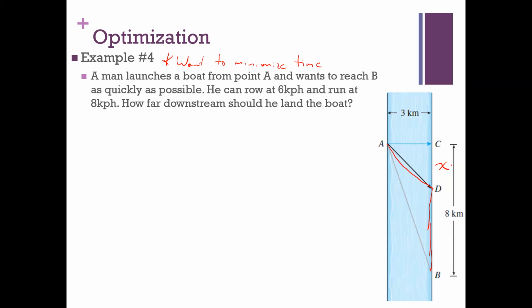So we want to minimize time. How much time is this going to take him? So let's break this up into 2 pieces. The time it takes him to get from A to D, and the time it takes him to get from D to B. How can we express how long it's going to take him to get from A to D?